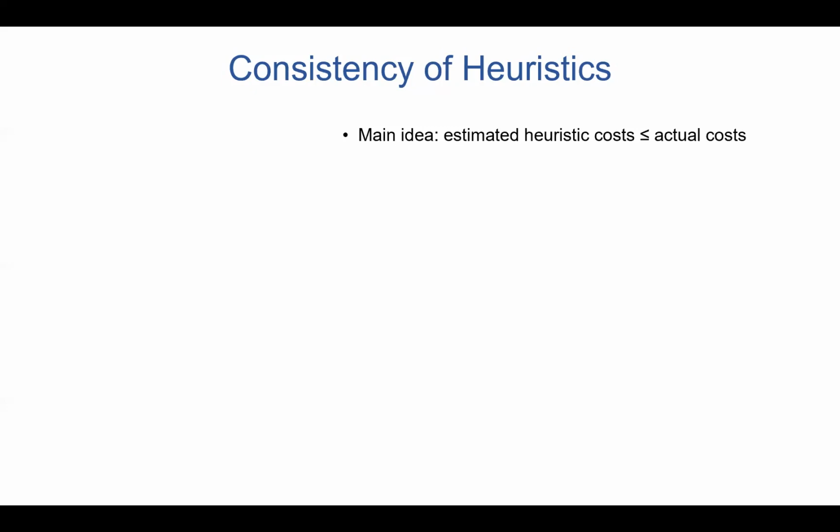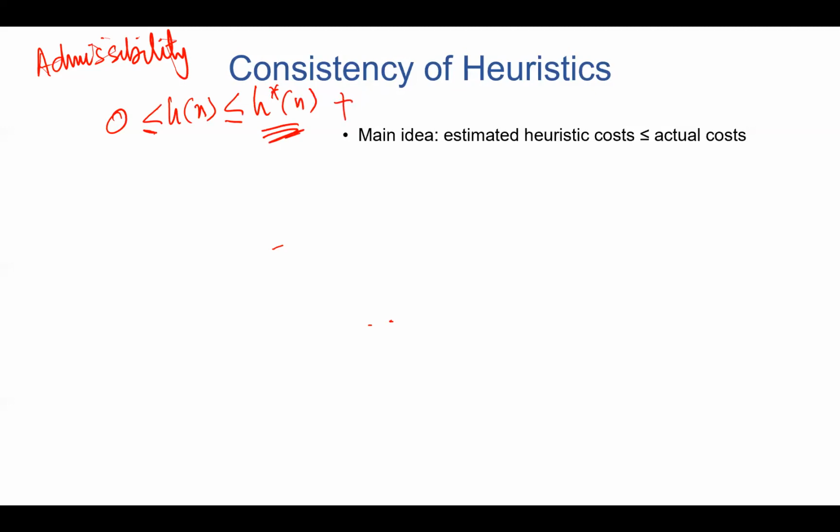Admissibility was 0 less than or equal to h of n, less than or equal to h star of n. This was the true cost, and this was the estimate. And the estimate will have to be less than or equal to the actual cost, right? Okay, that makes sense. Now let's talk about the consistency.